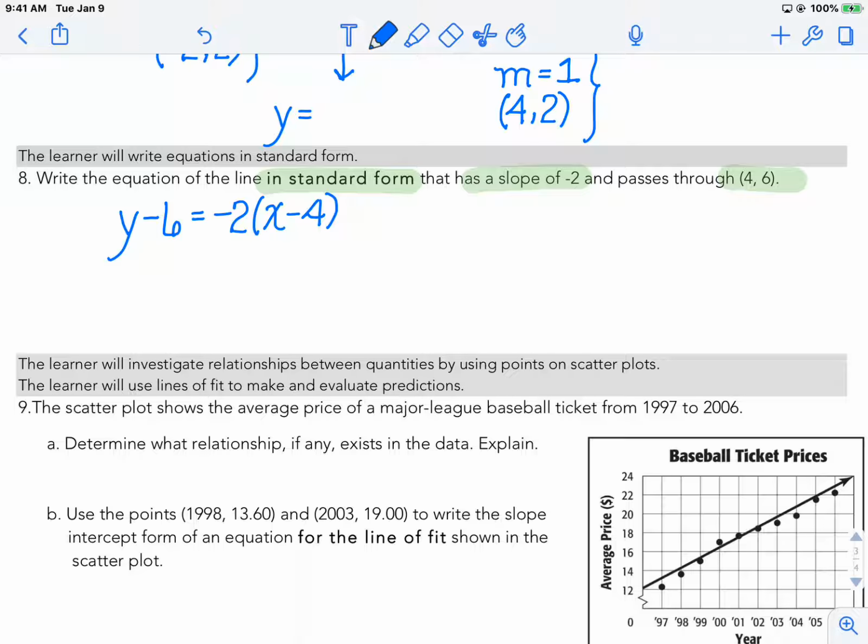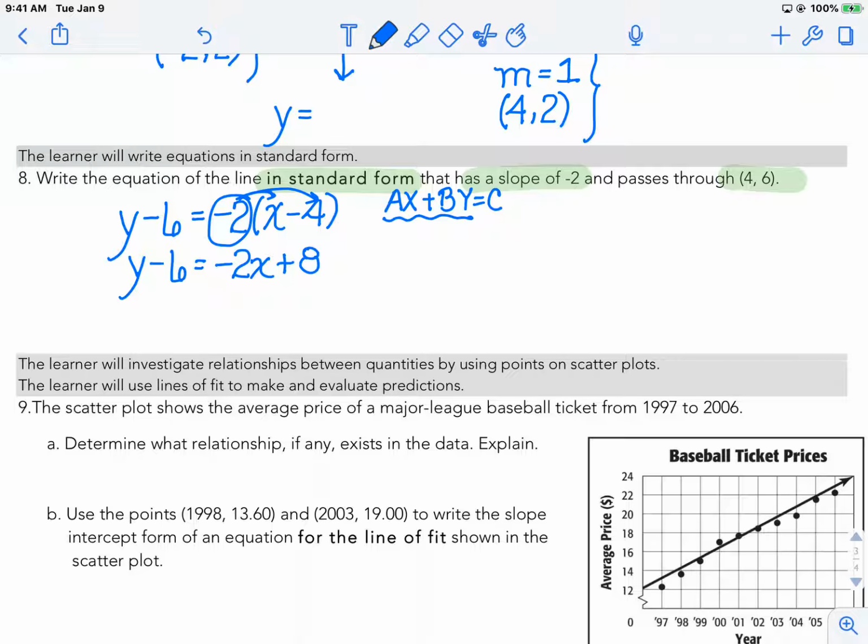And once I have that, then I will do the work to try to get it into that standard form, which is ax plus by equals c. And remember, no decimals, no fractions, and that a number has to be positive. So as I do a little work, and I distribute that -2, -2x plus 8. My goal is to have the x's and the y's on the same side and to have the x's be positive.